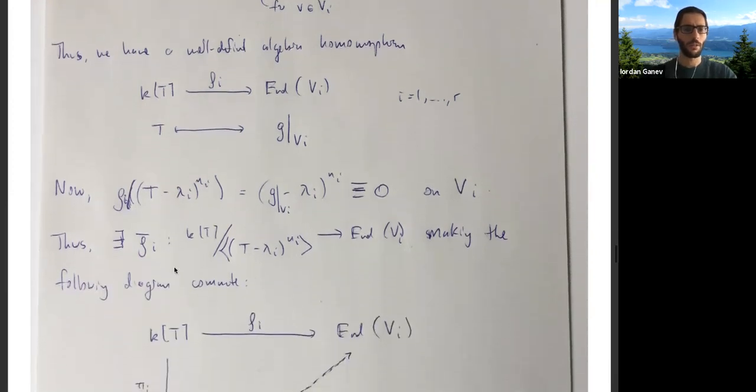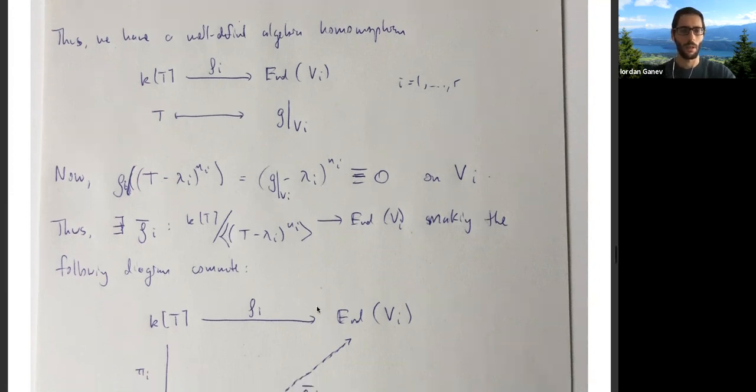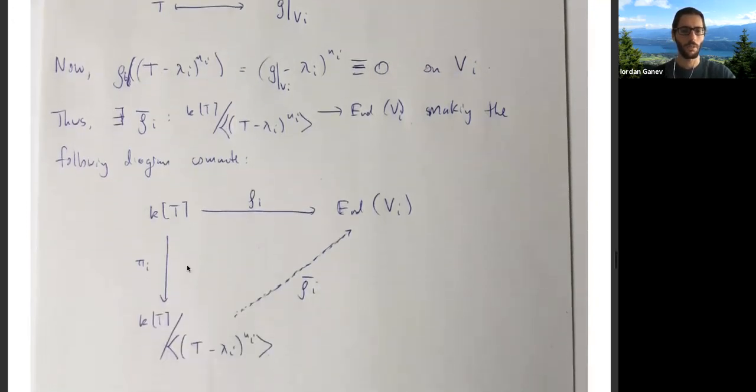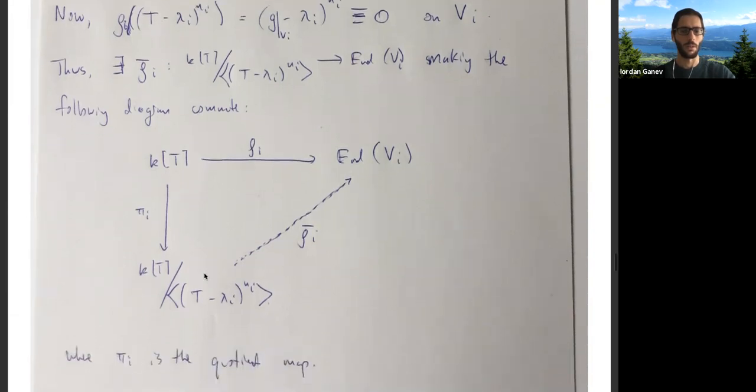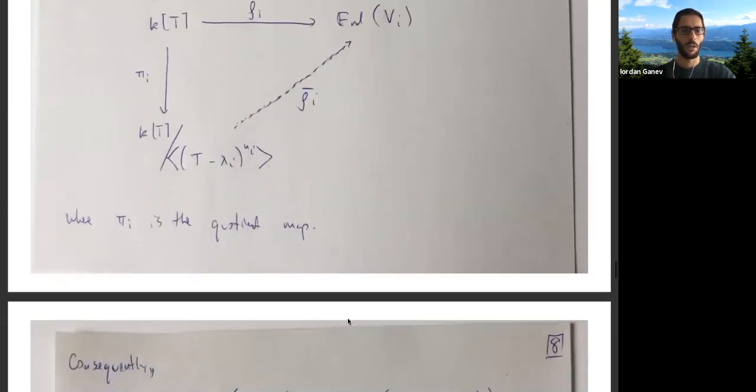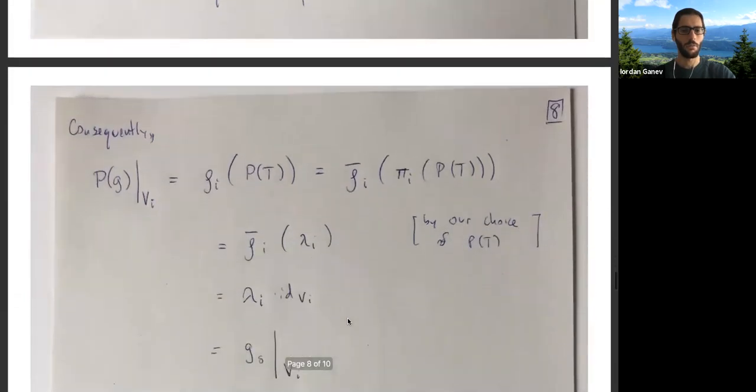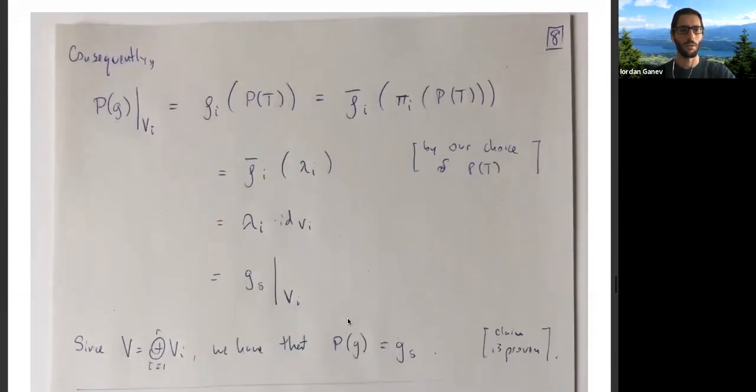So that means this homomorphism factors through the quotient by this ideal, and we have the following commutative diagram. Since rho_i maps this polynomial to zero here, we get this factorization, and this is just the quotient map, and then we get this computation that I'll let you look at.